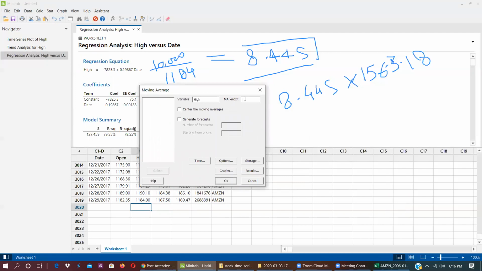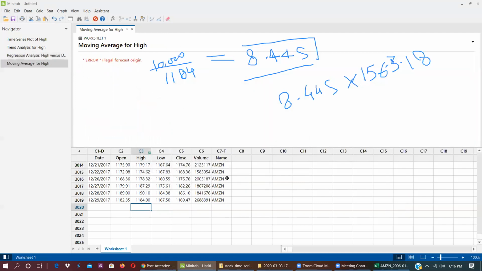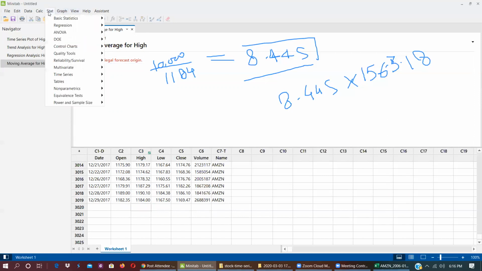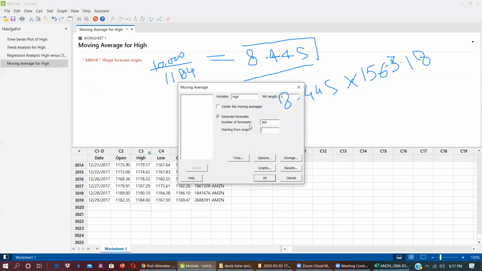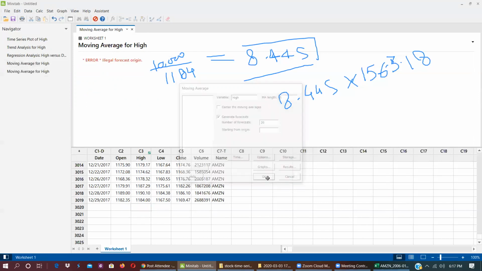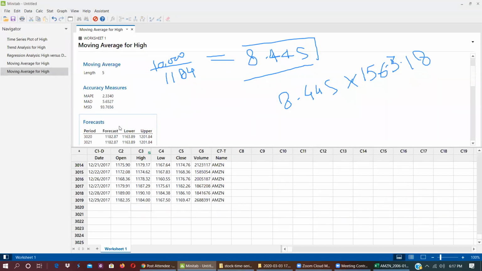Let's generate a forecast for, let's say, 20 periods, starting from 3020. So this is the forecasted period.